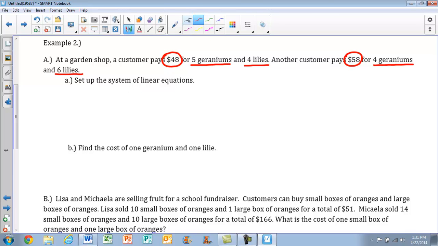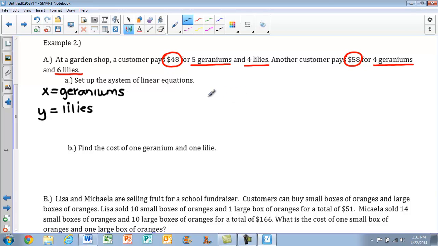The first thing I'm going to do is label my variables. I'm just going to say X is the geraniums and Y is going to be the lilies. Again, you guys can pick any letters that you want as long as they are different because we're talking about 2 separate things here.